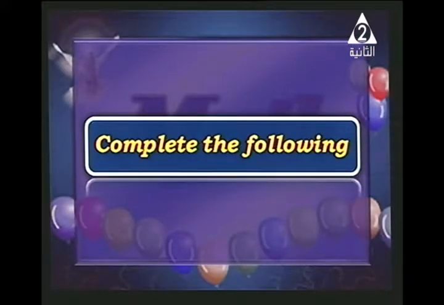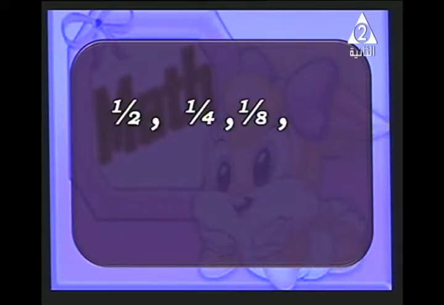Another example. Complete the following: half, quarter, 1/8, 1/16. And then we want to write another fraction. You are going to notice that half, it is 1/2, 1/4, 1/8, 1/16. The same numerator in all the 4 fractions.